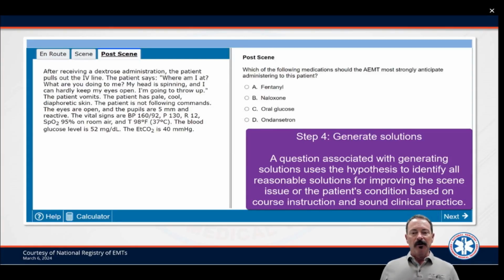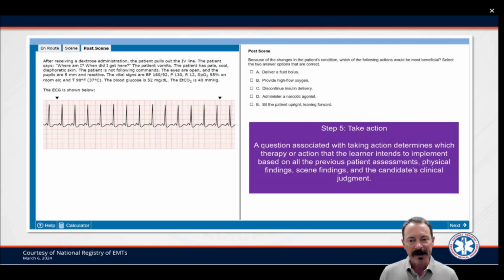Okay, now I want to look at step 5, and that is taking action. Now, a question associated with taking action determines which therapy or action the learner intends to implement based on the previous patient assessments, physical findings, scene findings, and the candidate's clinical judgment. Okay?